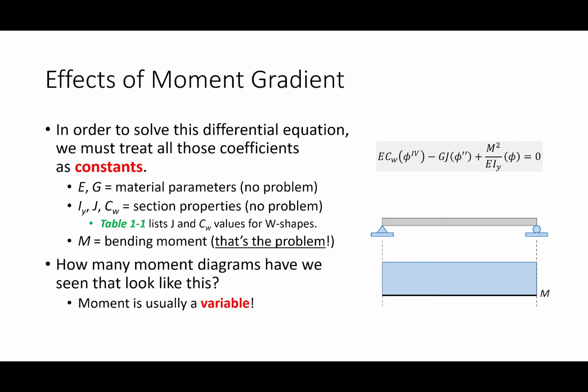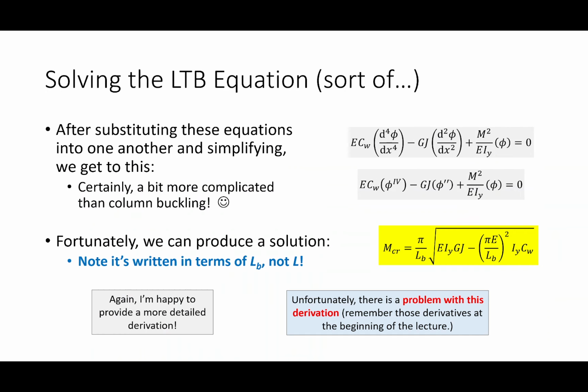Okay. Let me go back. I want to go back to this slide, because I want everybody to sort of follow along with me on this. So the differential equation that we're solving for is this. Let me write that differential equation down.